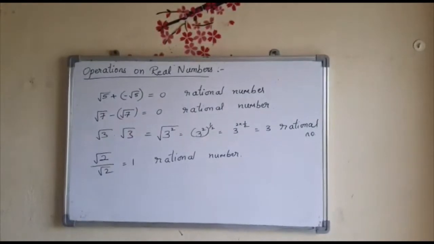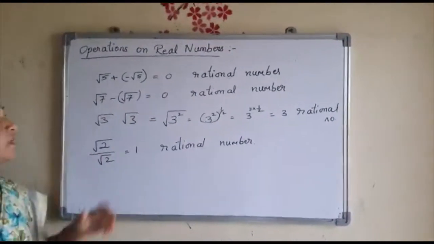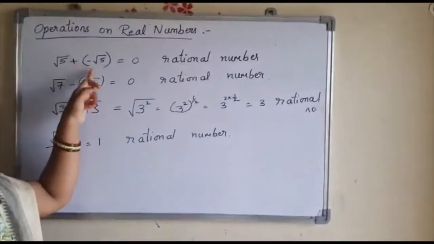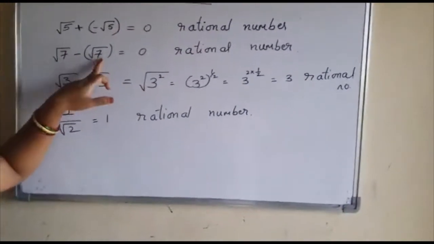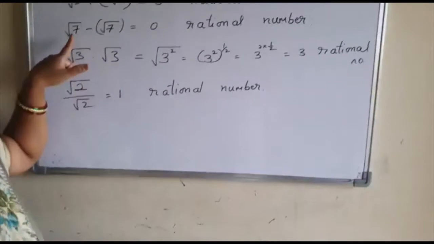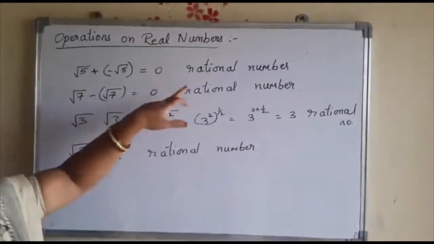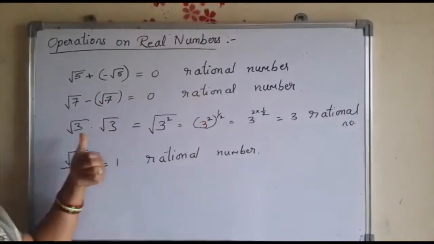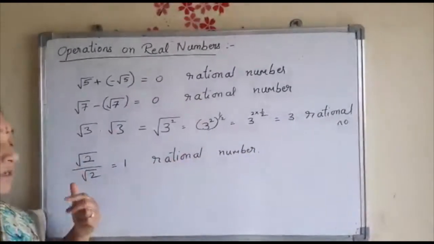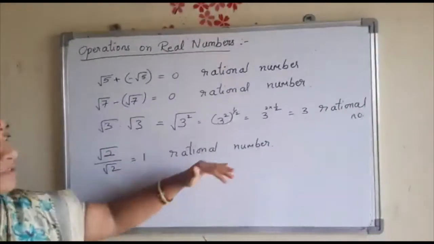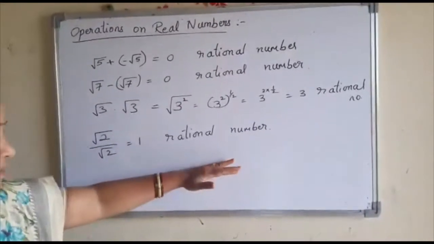Now what you observe here: the sum of two irrational numbers is a rational number, the difference of two irrational numbers is a rational number, the product of two irrational numbers is a rational number, and the quotient of two irrational numbers is also a rational number.